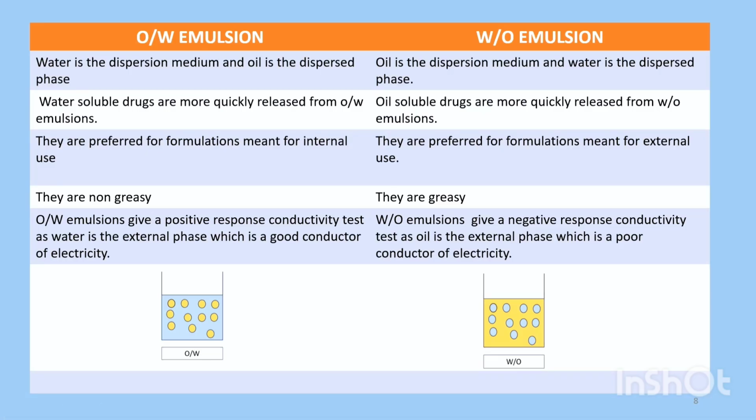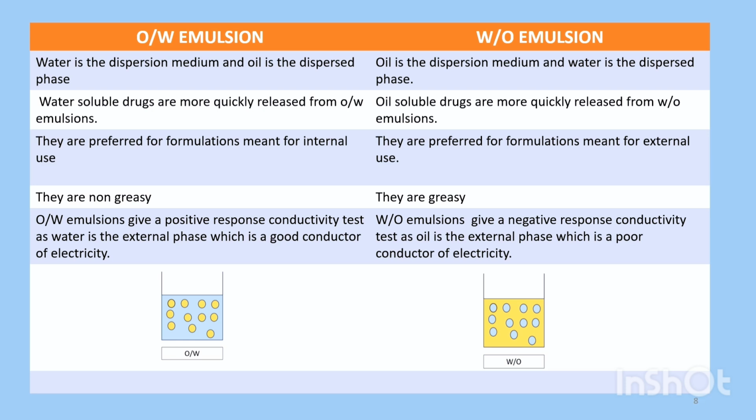Now comes a very important topic in this discussion. What is the basic difference between this oil in water emulsion and water in oil emulsion? These questions come towards you very frequently in your semester exam also, and it is very much important for our basic understanding. In oil in water emulsion, water is the dispersion medium and oil is the dispersed phase.